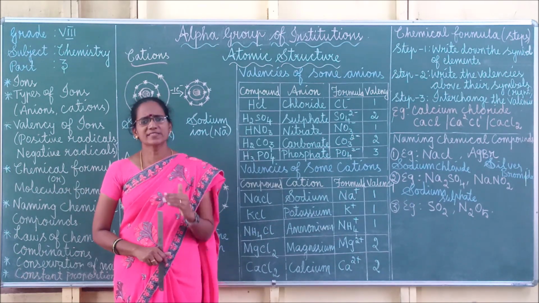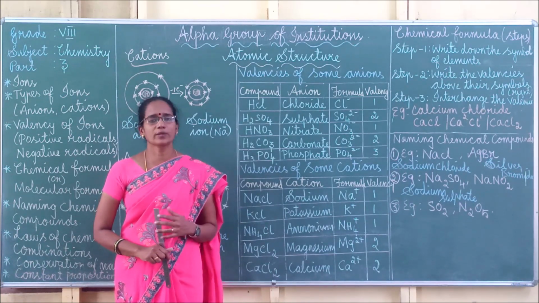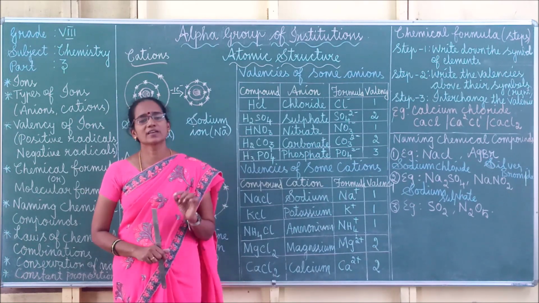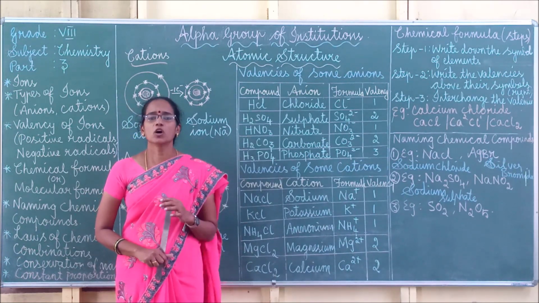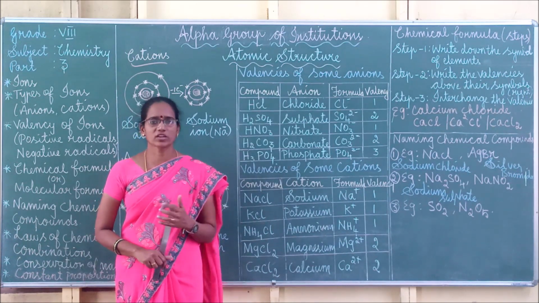It means that mass can neither be created nor destroyed during chemical reactions. So this law is otherwise called the law of indestructibility. You will learn about this in your higher classes.